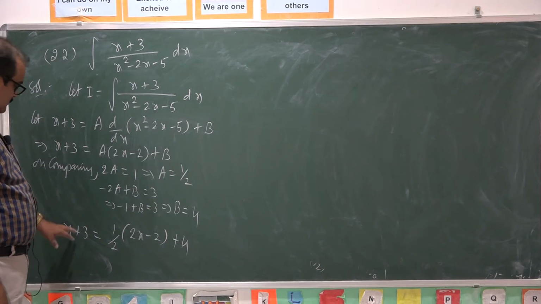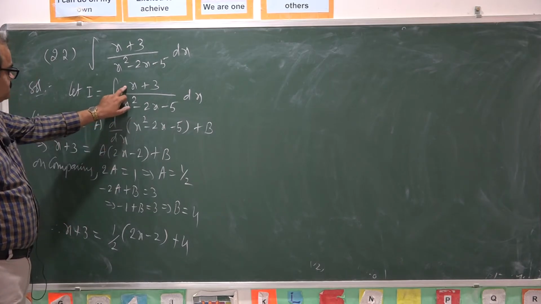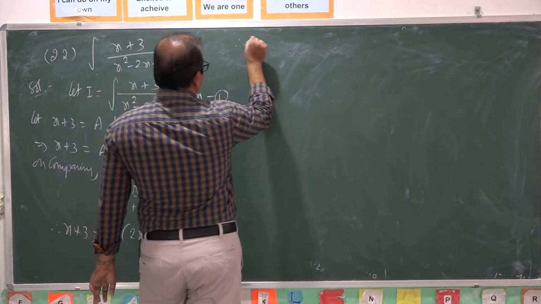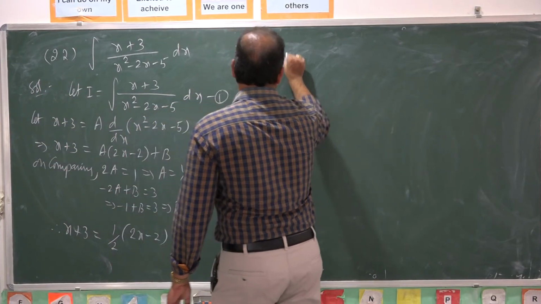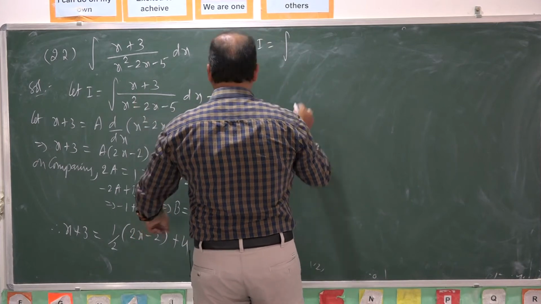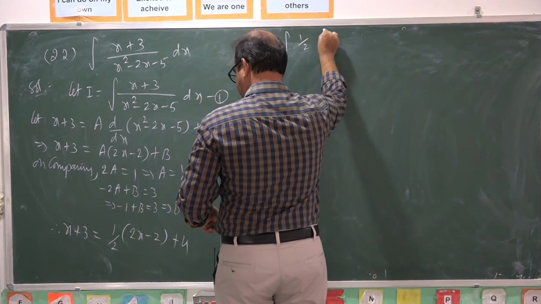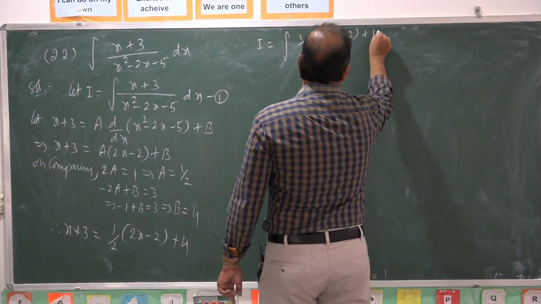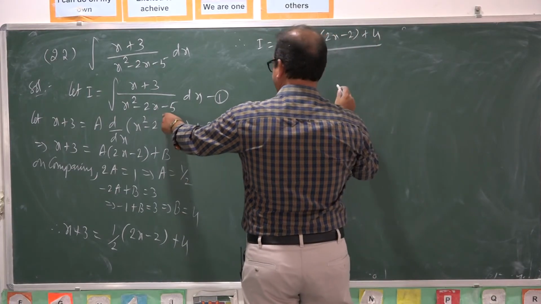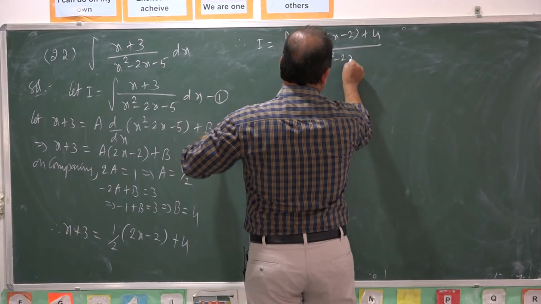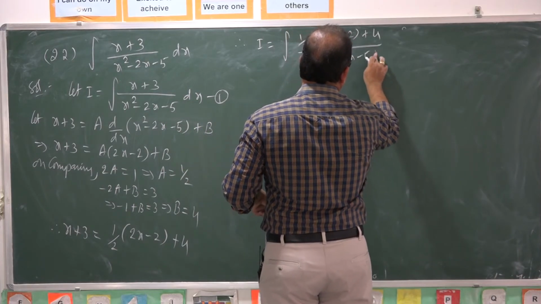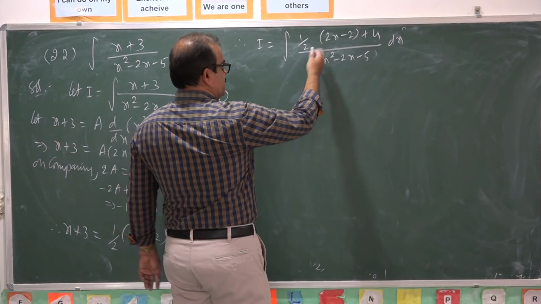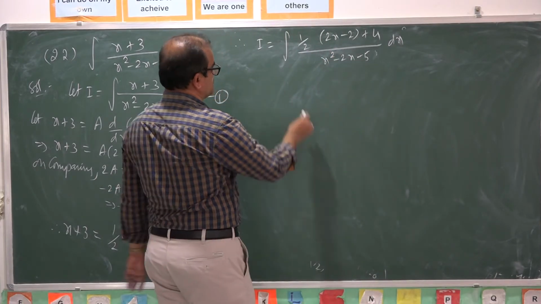Now substitute x + 3 value in equation 1. Therefore I is equal to integral of, what is x + 3? 1 by 2 into (2x − 2) plus 4, by (x² − 2x − 5) into dx. Now separate this integration into two parts.